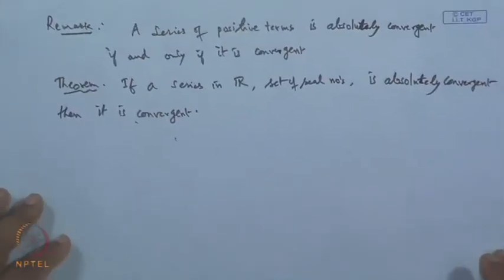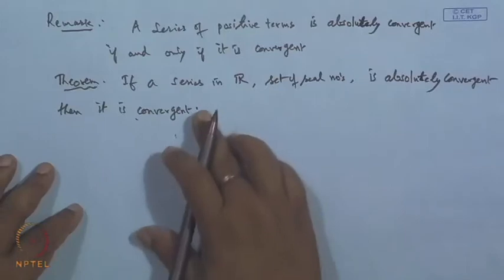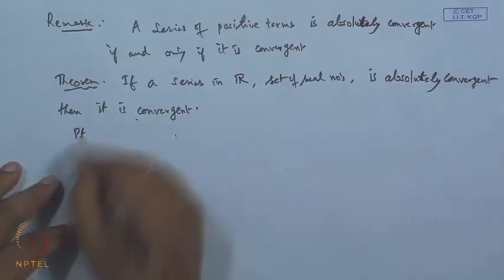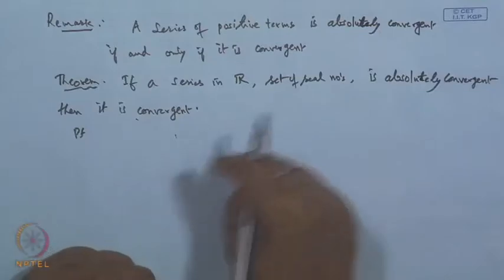I think the proof is simple. When the series in R is absolutely convergent, what is the meaning of this? The series of its non-negative terms is convergent. That is, when we replace the terms by their corresponding absolute values, the corresponding series is convergent.